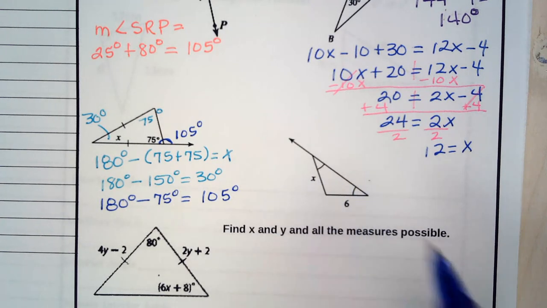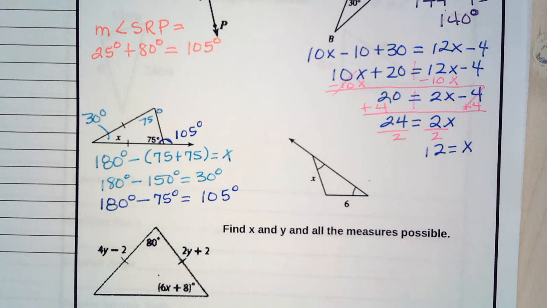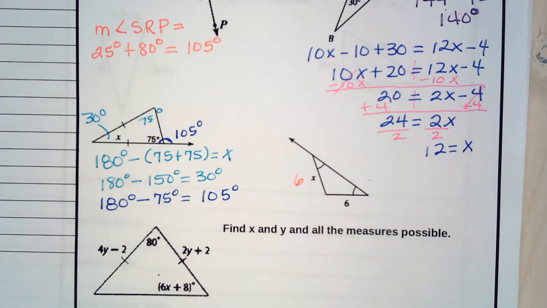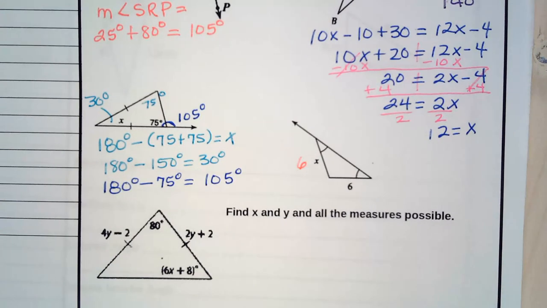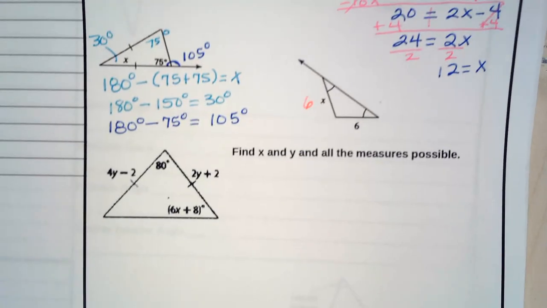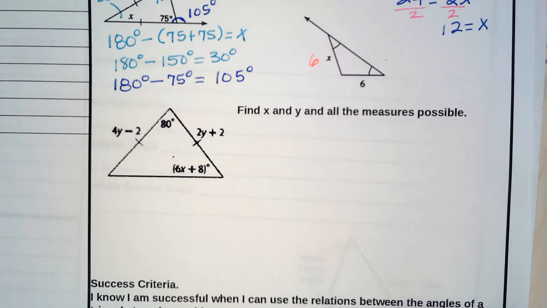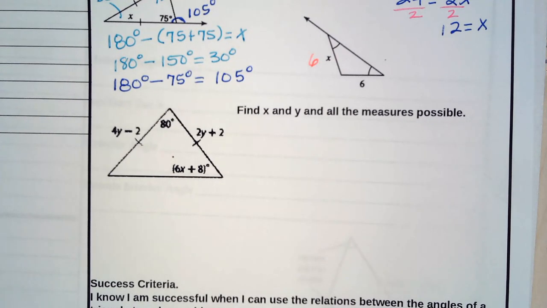If the angles are congruent, what do we know about the sides? Well, they're going to be congruent also. So if this side is 6, this side is also 6. We don't know what units they're in, but we do know that that's what's going to happen. For the last one, find x and y and all the measures possible.